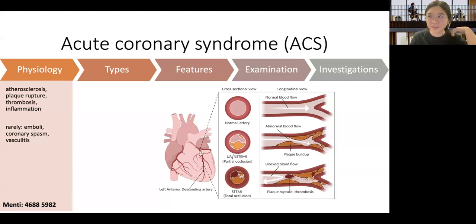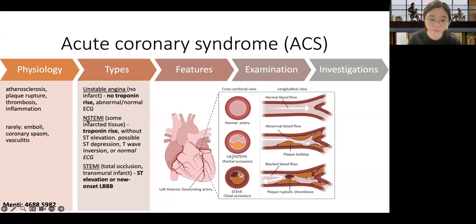I think this damage can be irreversible, which is why you need to revascularize the heart quite quickly. Depending on how much of the artery is blocked, you have different syndromes. If it's only partial, it's unstable angina or NSTEMI.